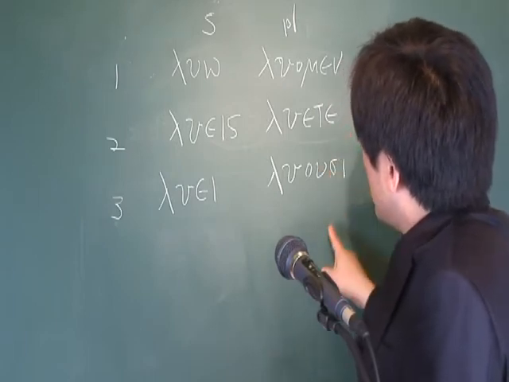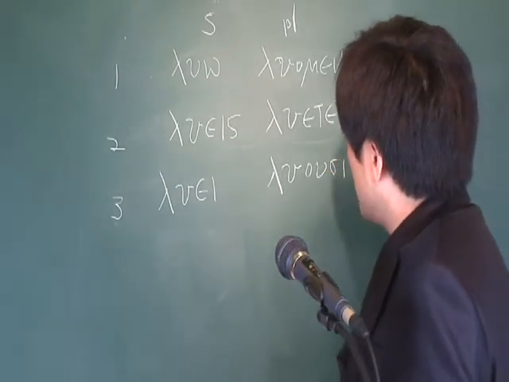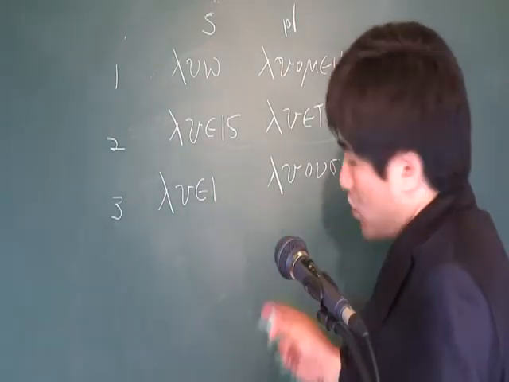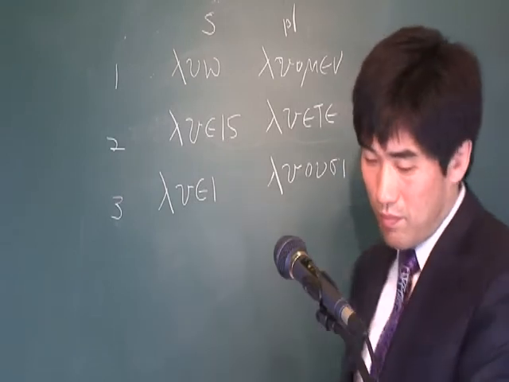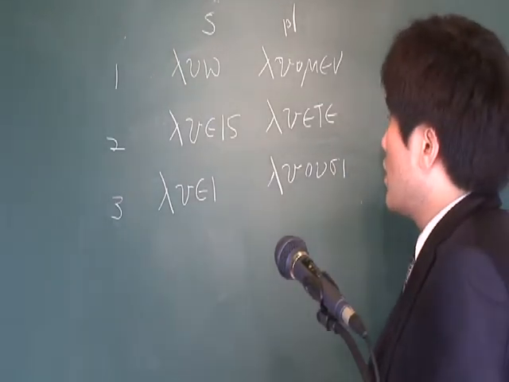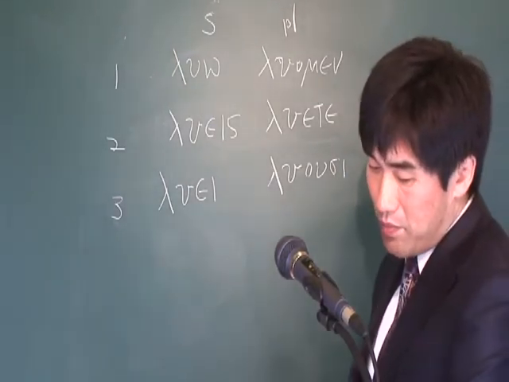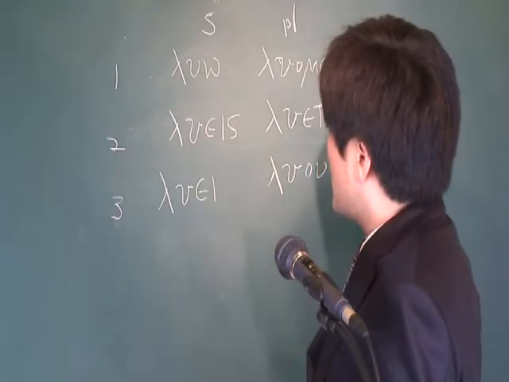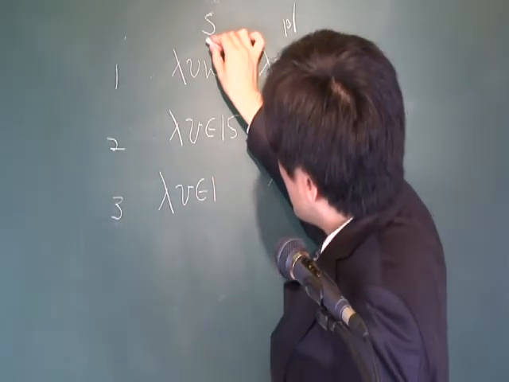The third person singular form. Blep, the stem, and ei, the personal ending, are put together. Blepei. He sees, she sees.